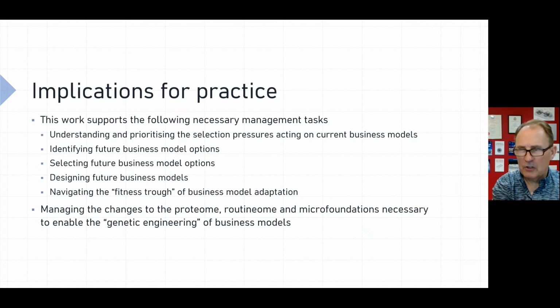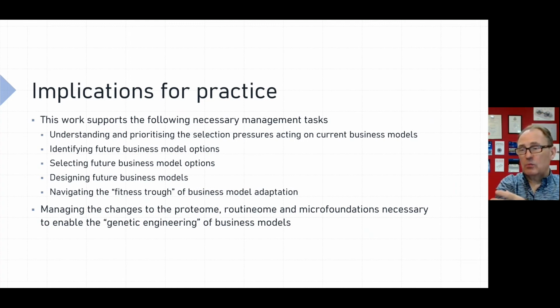It helps them in the design of those future business models because it helps them design the capability and the routine they need. And it helps them to navigate and avoid the fitness trough between business models because there are indeed, in the process of business model transformation, a fitness trough between your old business model and your new business model.